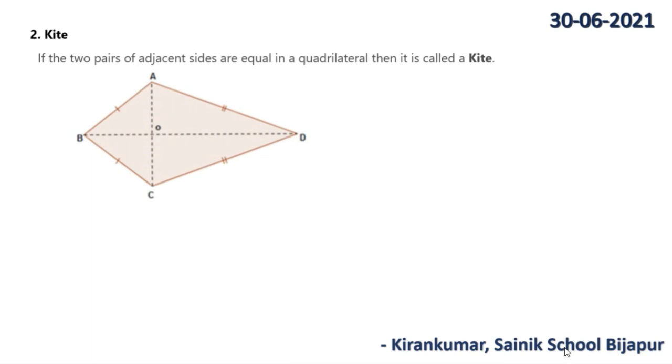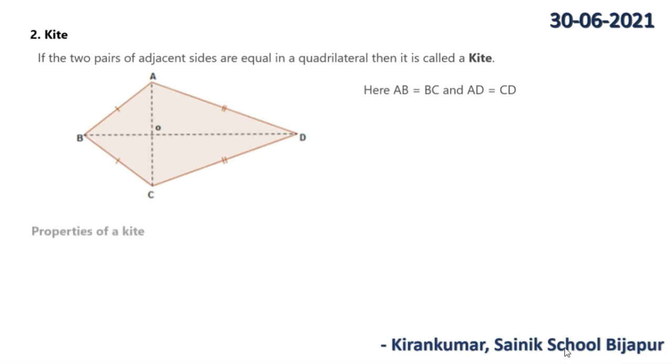If two pairs of adjacent sides are equal in a quadrilateral, then it is called a kite. This is how a kite looks. Observe carefully, the sides AB and BC are equal, AD and CD are equal. Two pairs of adjacent sides are equal.